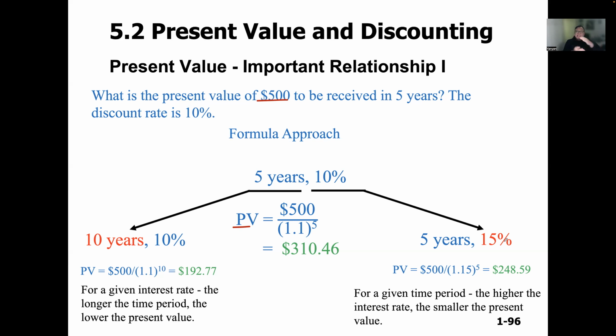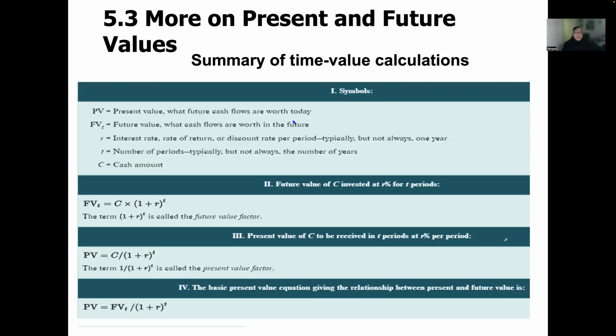So that's the relationship between present value and the interest rate and the time period. This chart summarizes all the equations. So make sure that you understand these formulas. Okay, so that's it for chapter 5.